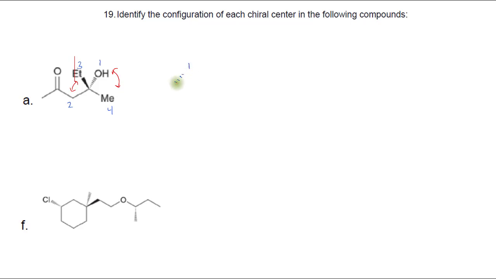This is 1, 4, 2, and 3, and then go ahead with the double flip. And when I do that, I get 4, 1. This becomes 3, and 2 is now wedged. So when I draw my circle, 1, 2, 3, that is S.